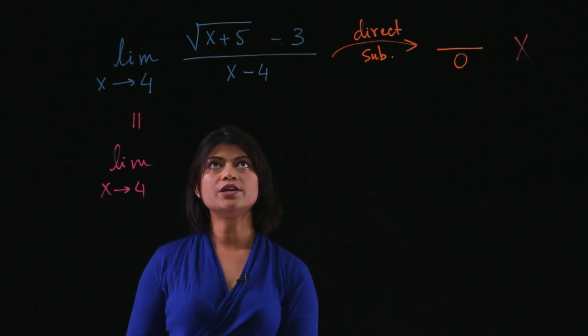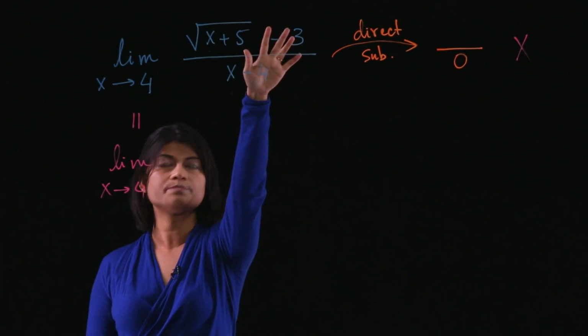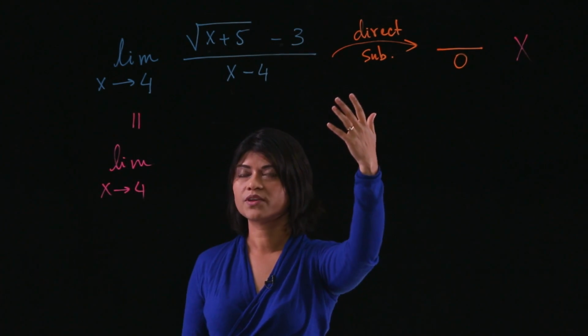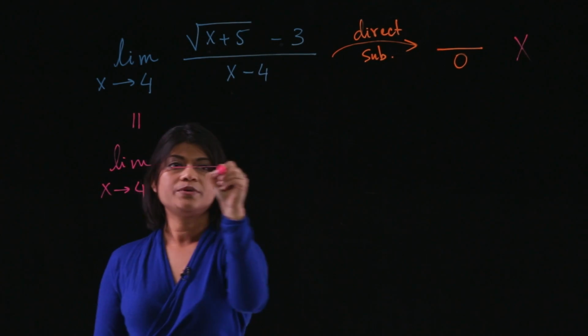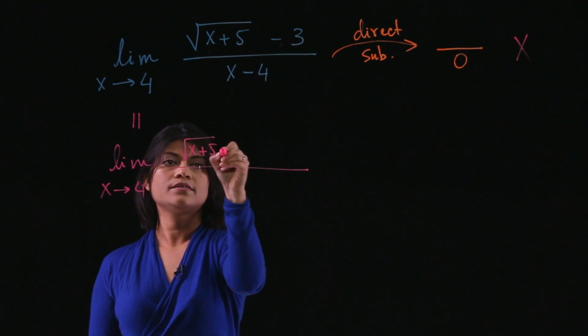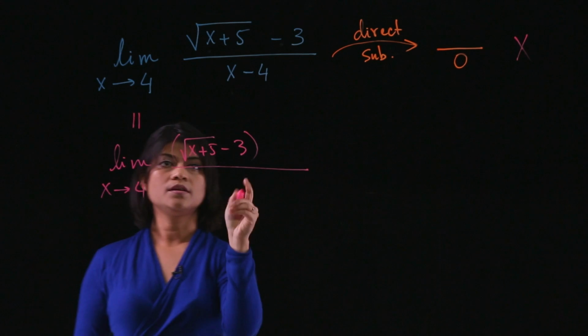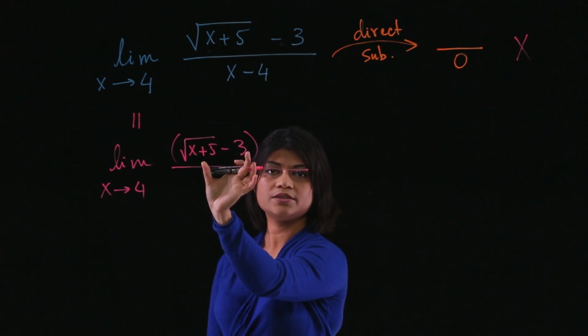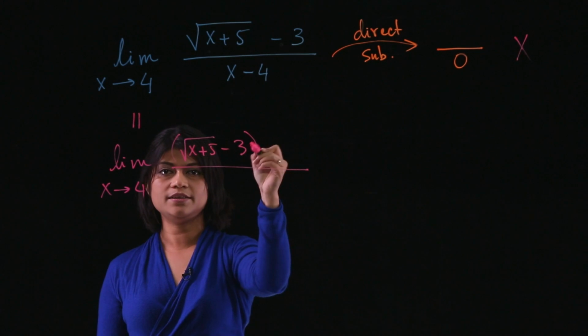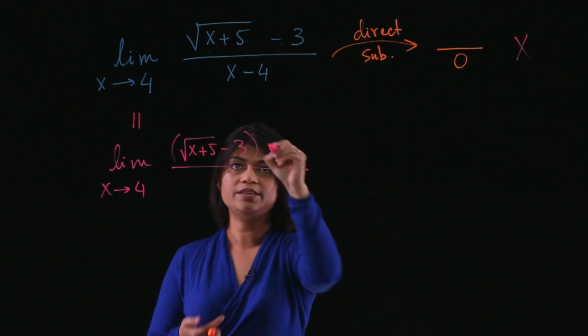The first thing you should notice is there's a square root in this function, and because of that, we can try to rationalize. We can multiply and divide by the conjugate of this expression. If this is a minus b, its conjugate is a plus b.